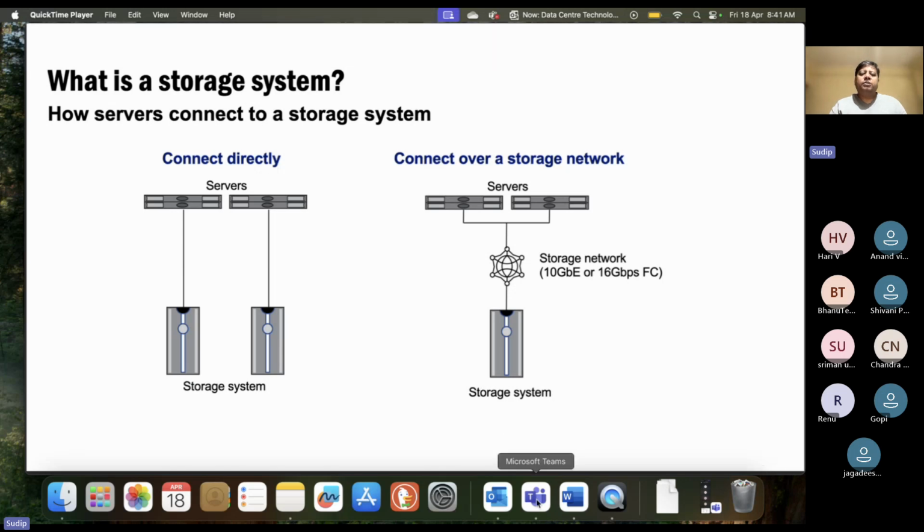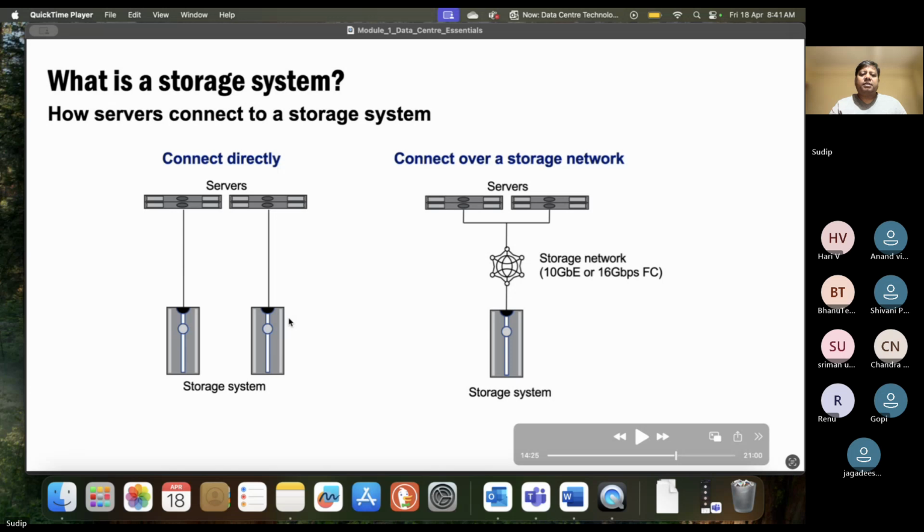That is the architecture or topology of a DAS.